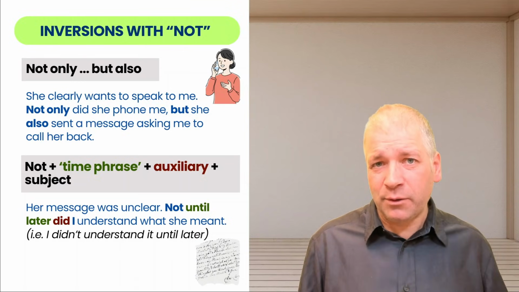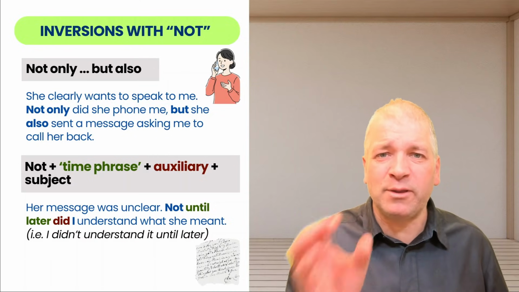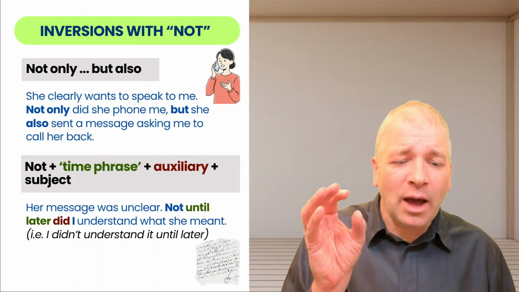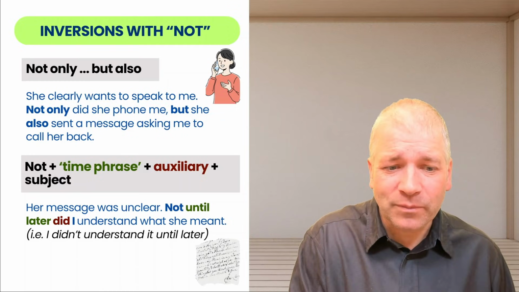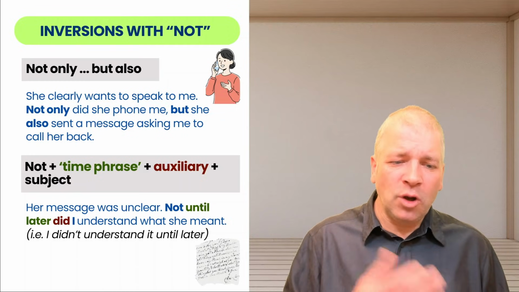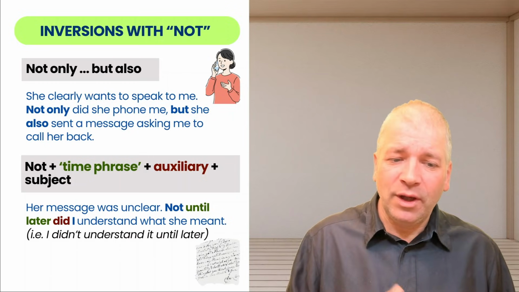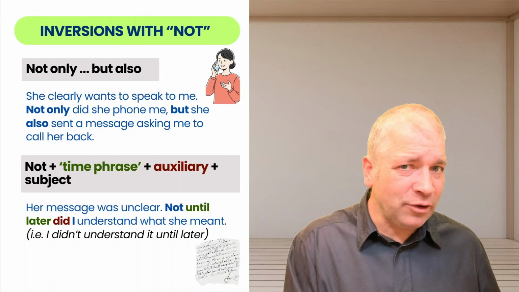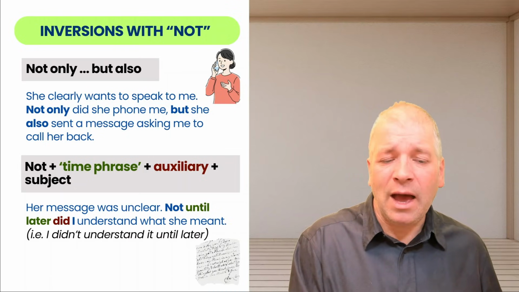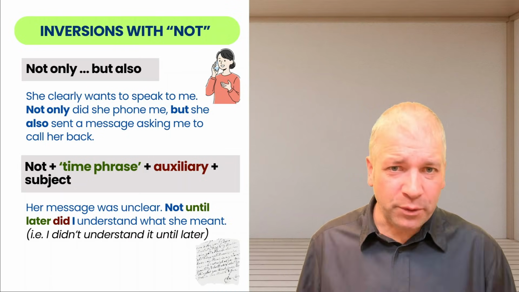But for some reason, the writer wanted to emphasize the fact that it was until later. So they move it to the front and they use not in front of it. Not until later. And then if we use this inversion technique, then we have to include the auxiliary before the subject.